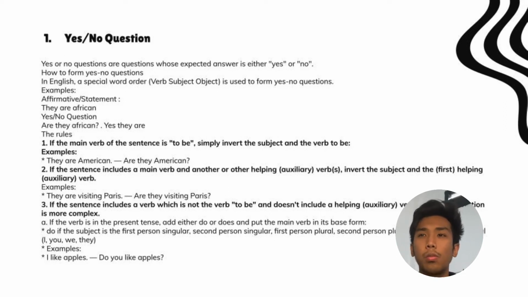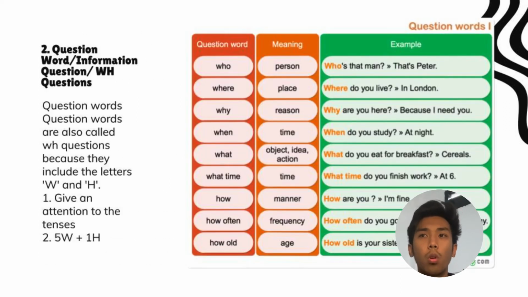Okay, so number two is question word, or information question, or WH question. Question words are also called WH questions because they include the letters W and H. So we can see in this table there are a lot of question words and examples.